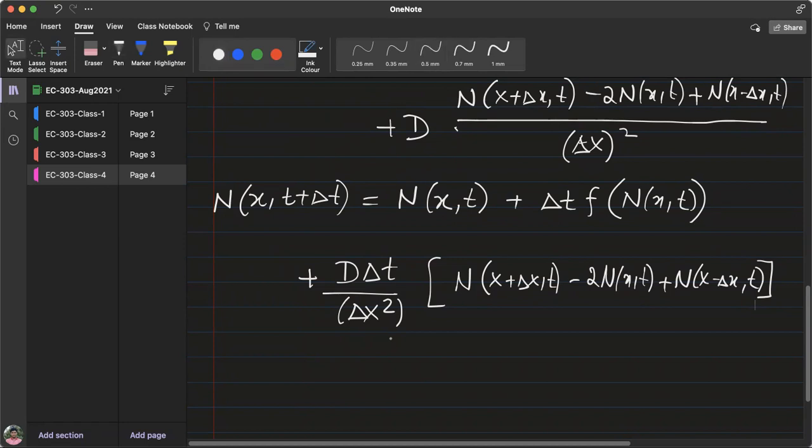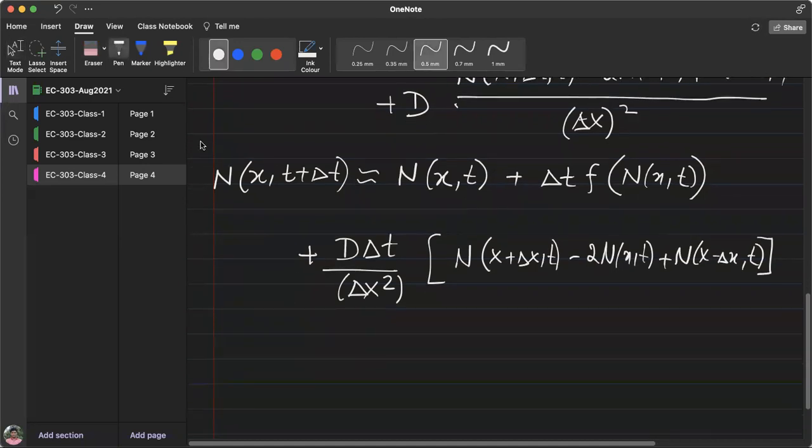So this is the basic approximation for numerically simulating the diffusion equation. But there are 2 important points to note.